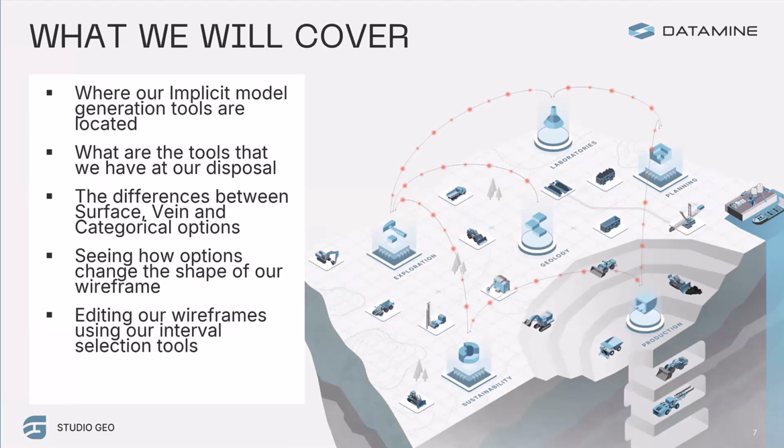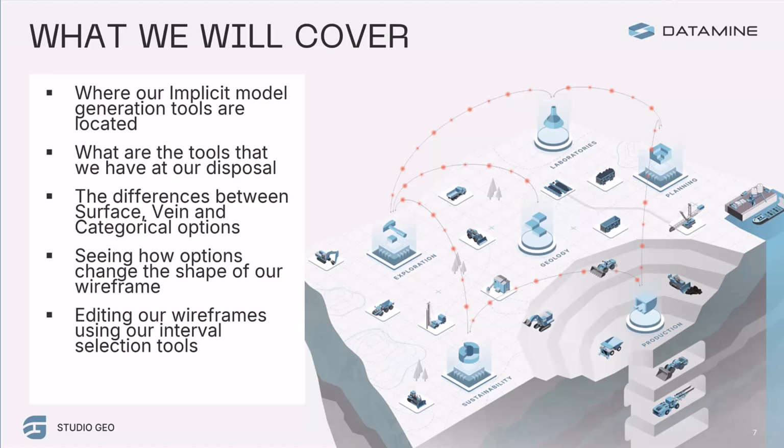We'll look at the differences between the surface, vein, and categorical options. So these are our three main types of wireframes that we can create. They all have very slightly different tools for each of them. So we'll probably mainly focus on the vein and categorical. The surface shares almost all the same tools as the vein. So if you know how to use the vein, you'll also know how to use the surface.